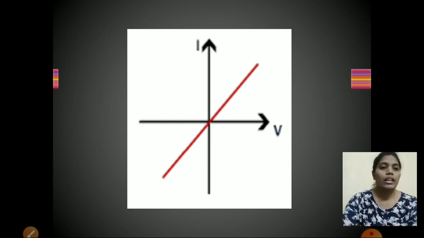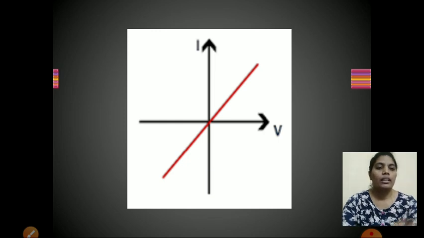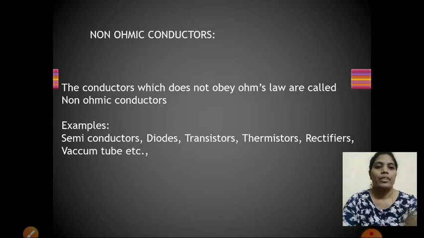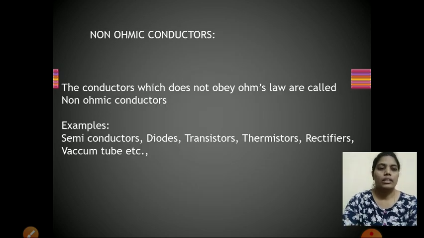So as ohmic conductors obey Ohm's law, we get the graphical presentation as a straight line passing through the origin. So this is the relation which expresses ohmic conductors.